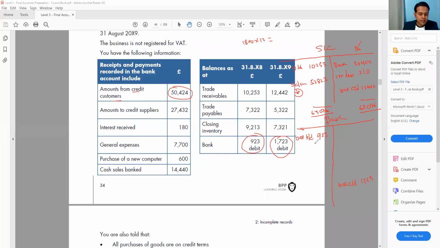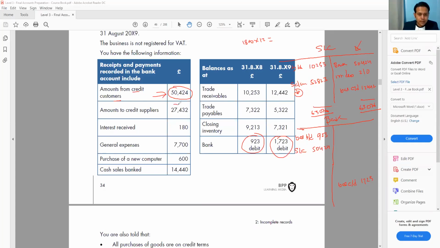Let's have a look at what's happening in the bank. You can see from the customers we received 50,000. If we receive the money, our balance will go up. So I'm going to write sales ledger control, we received 50,424. Anything I receive, my balance will go up, writing on the debit side.